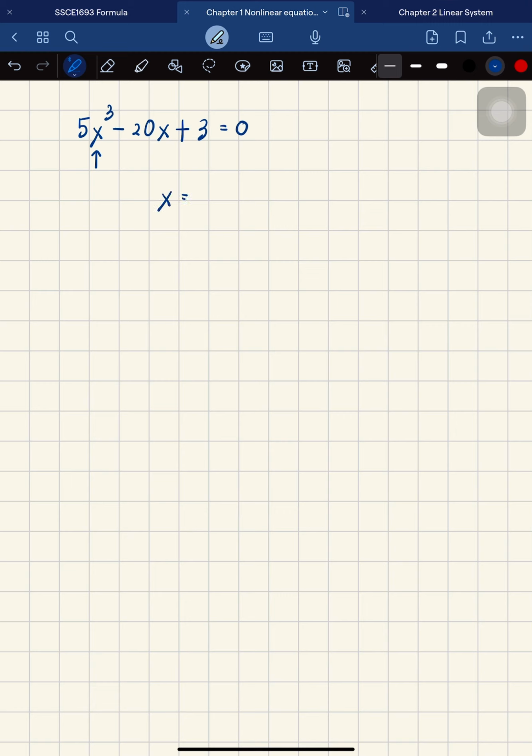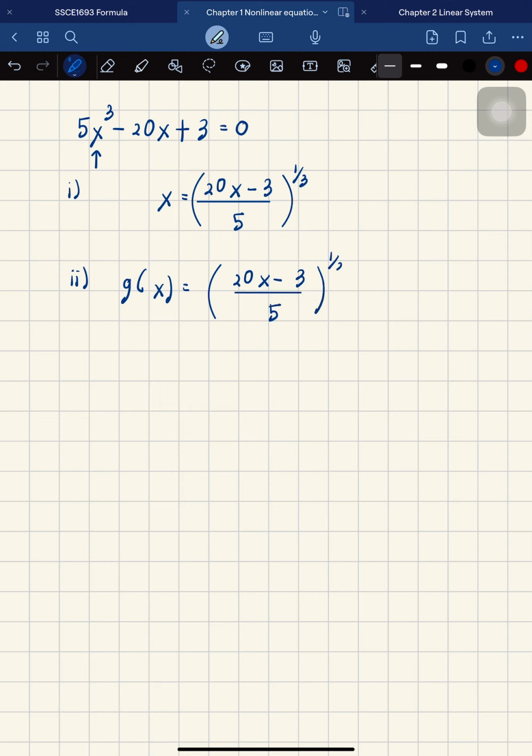So x is equal to the cube root of (20x minus 3) over 5, or to the power of 1 over 3. This is your first step. The second step is you make x equal to g(x), which is 20x minus 3 over 5 with the power of 1 over 3.